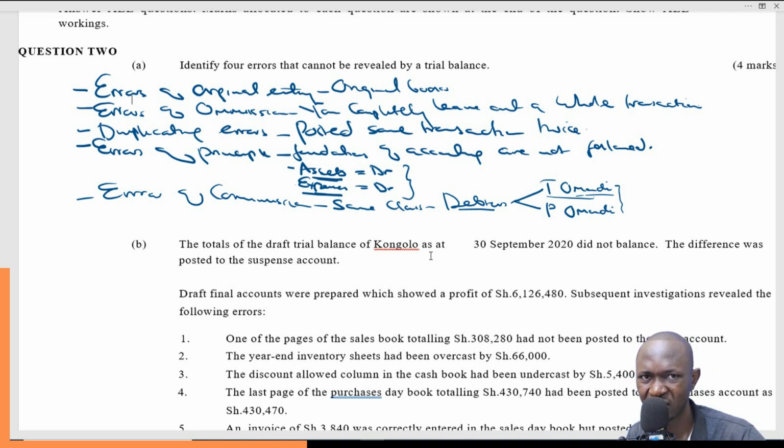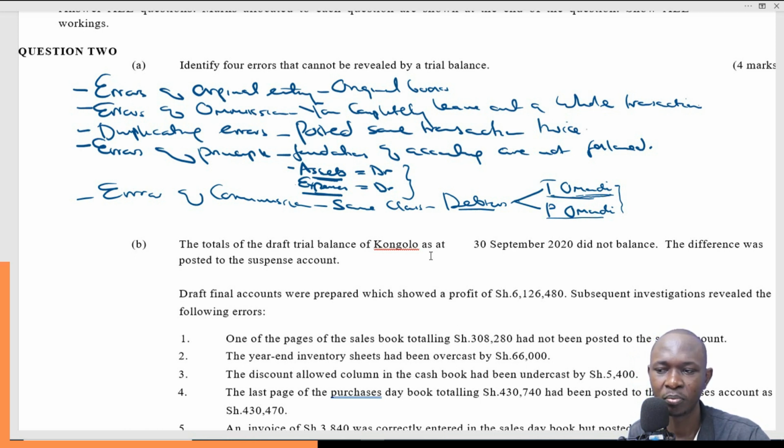Will the trial balance detect that? No, because all these are debit accounts. So long as you've debited and you've credited, the trial balance will be okay. But within the debit account, there is a problem. Instead of debiting T Omondi, you debited P Omondi.